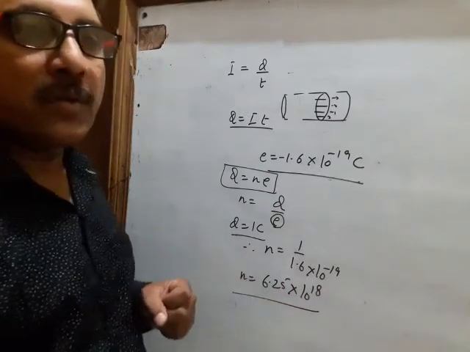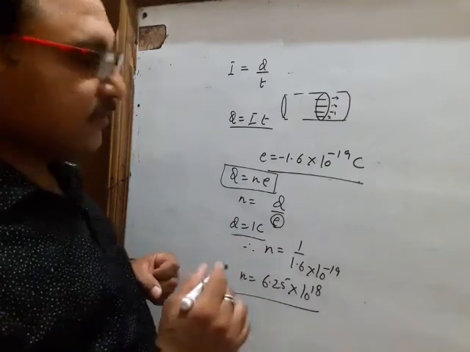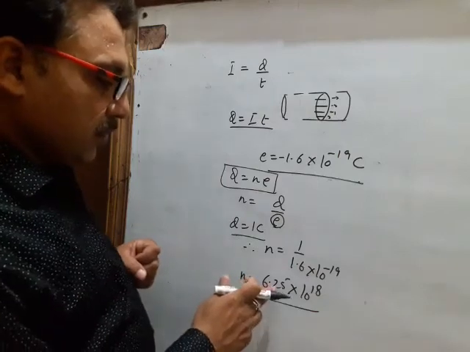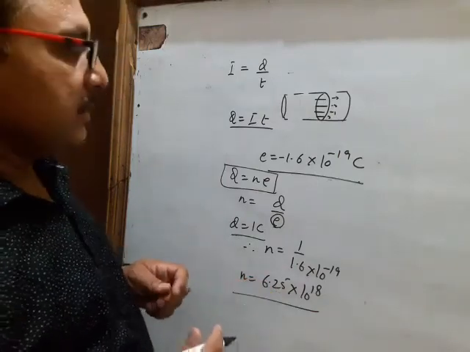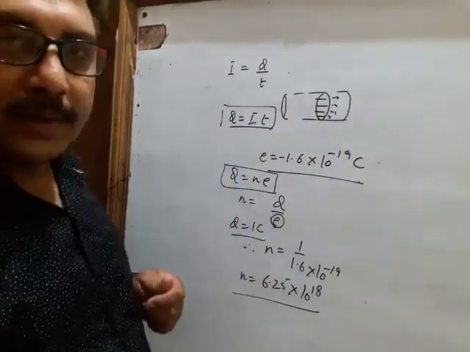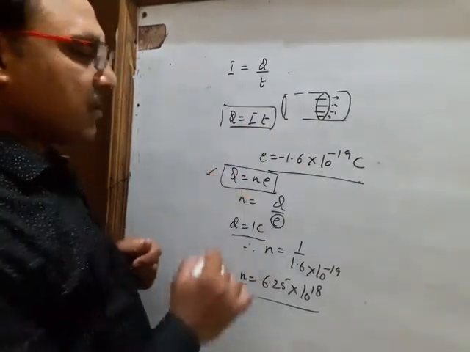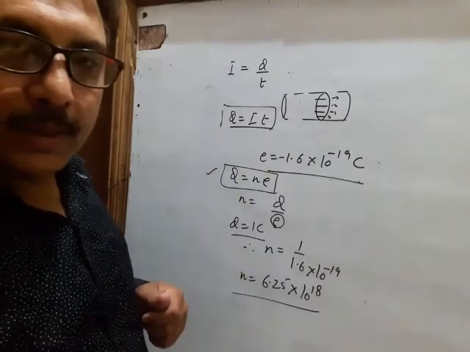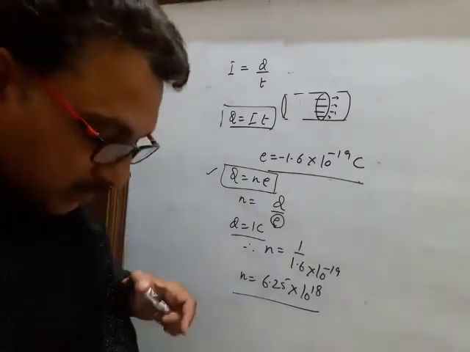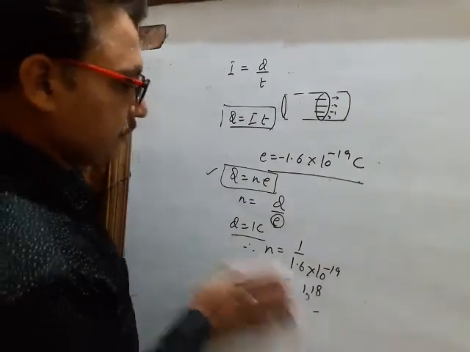Remember, this is the number of electrons which will form 1 coulomb of charge, 6.25 into 10 power of 18. So this is the formula for current, Q equal to IT. This is the formula for charge formed by number of electrons. Okay, remember these formulae, these are very important.